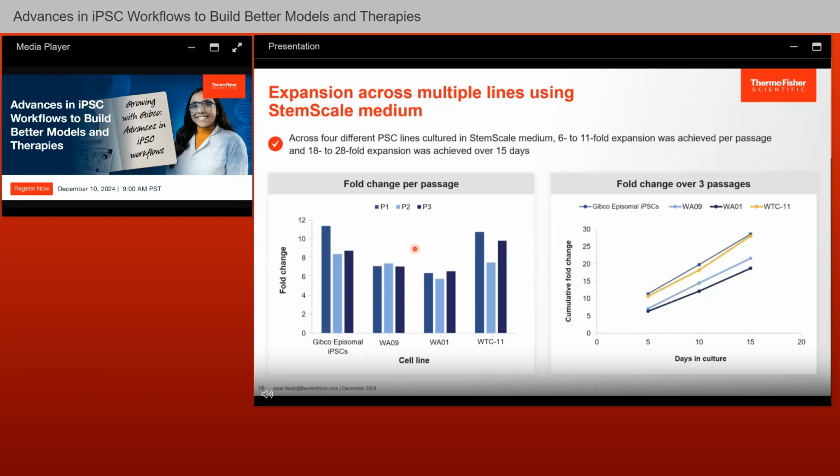So in this case, with the same 4 cell lines I've shown previously, we can see anywhere between 6 to 11-fold expansion per passage. What this basically means is that our cumulative fold change over multiple passages increases quite dramatically. You can see in this example that after only 3 passages with those same 4 lines, we see anywhere between 18 to 28 fold expansion in just about 15 days or so.